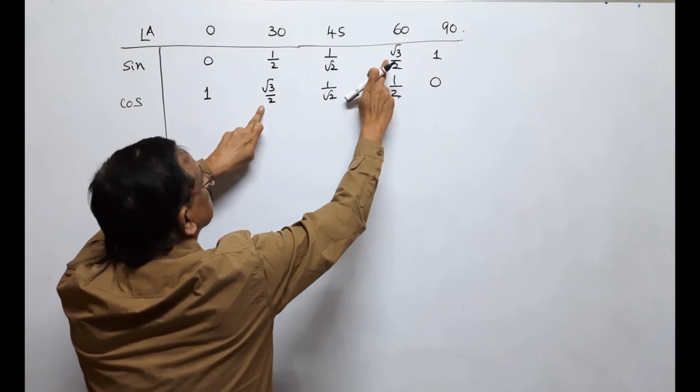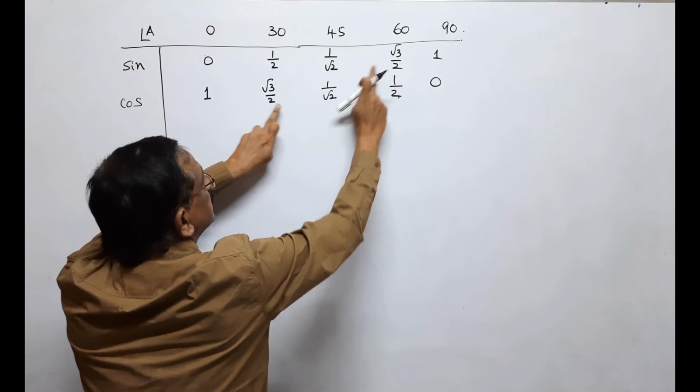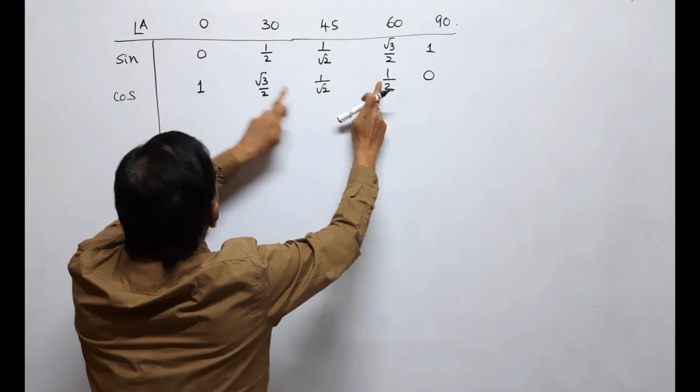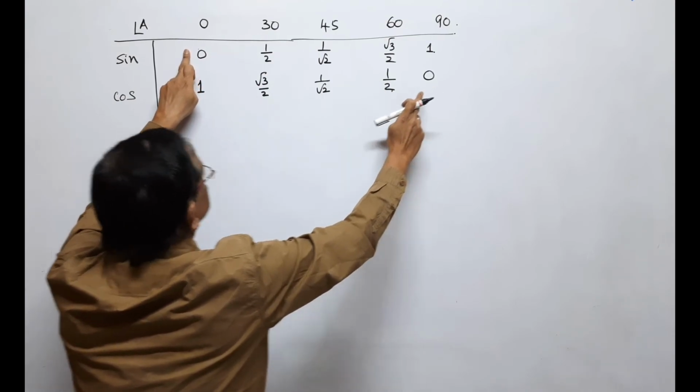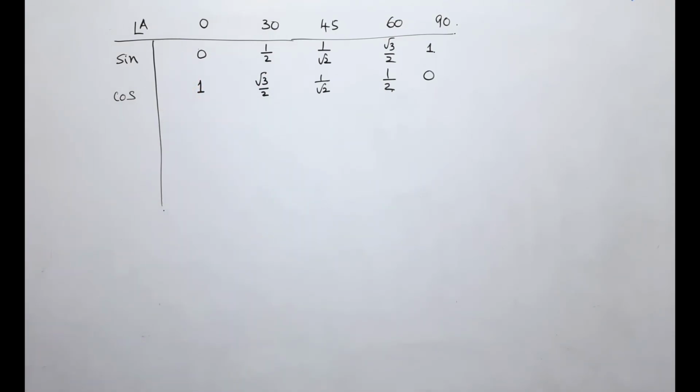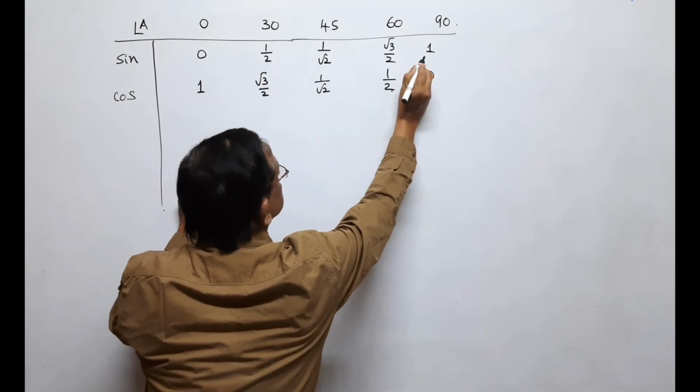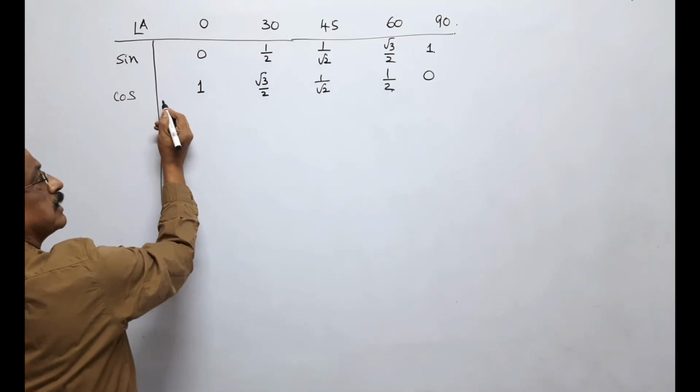Sin 60 and cos 30 are the same. Sin 45 and cos 45 are the same. Sin 30 and cos 60 are the same. Sin 0 and cos 90 are the same. So once you write sin like this, cos will be reversed.